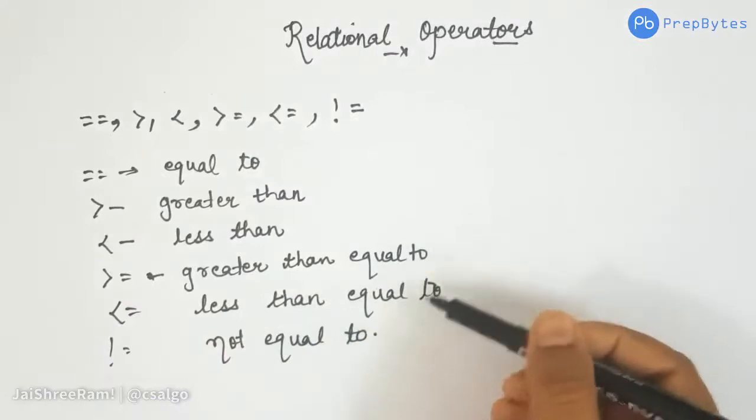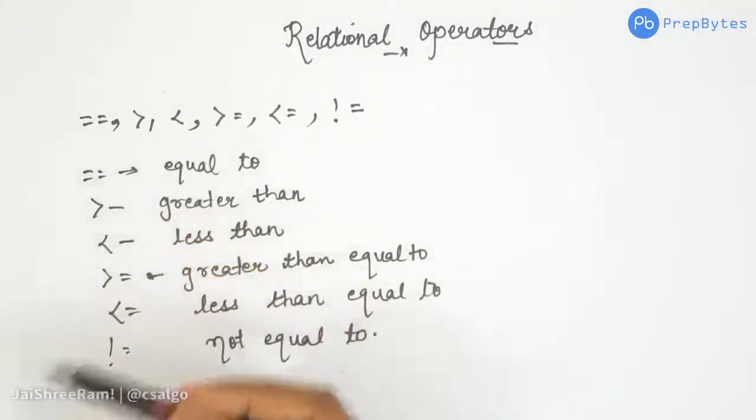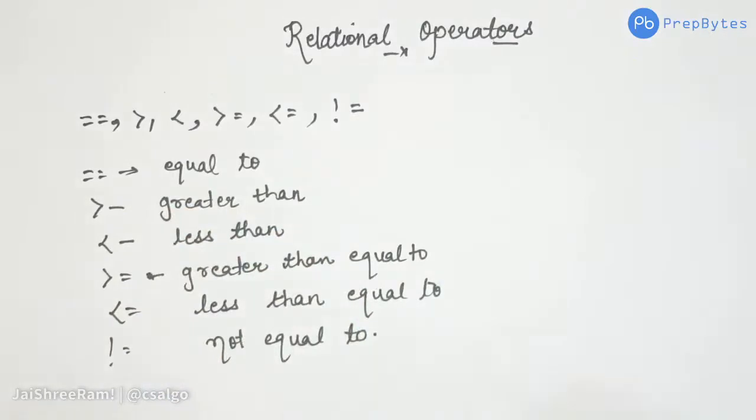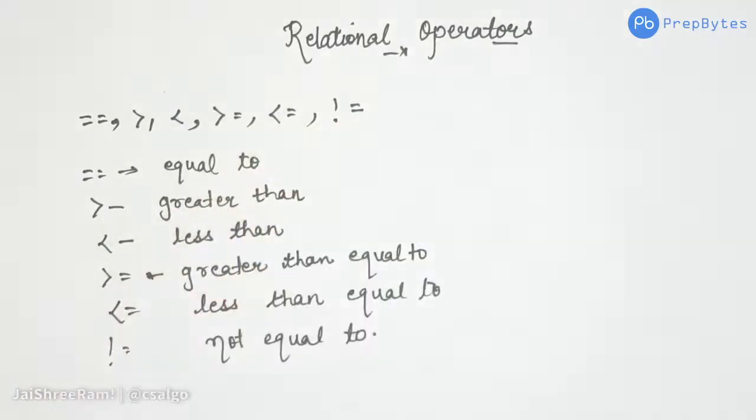So the name pretty much defines what function a particular operator is performing. Now let's go on to see examples and try to understand more about these operators.